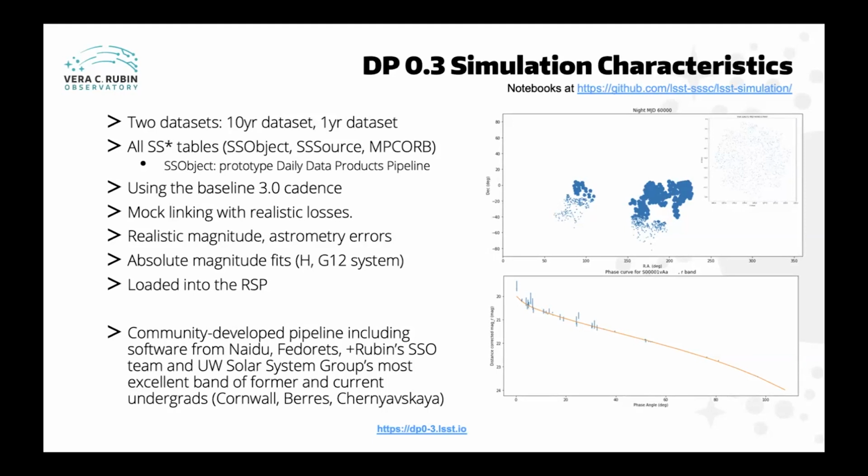We're using baseline 3.0 cadence. We've done mock linking with realistic losses. So our requirement is to find 95% of all the trackers that we can link. So we've thrown out 5%. We have realistic magnitudes, astrometry errors. We have absolute magnitude fits, and the whole thing has been loaded into the RSP.